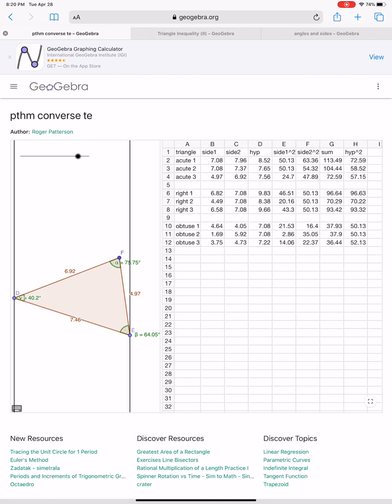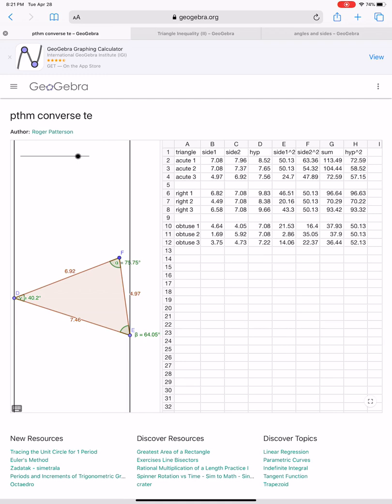Okay. So hopefully you did. I'm hoping that you did. If you look at the G column and the H column for the acute triangle, there's one thing that kind of jumps out, but it probably wouldn't be something that you would normally see. But the G column is larger.